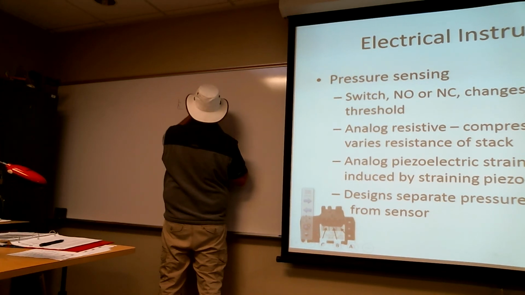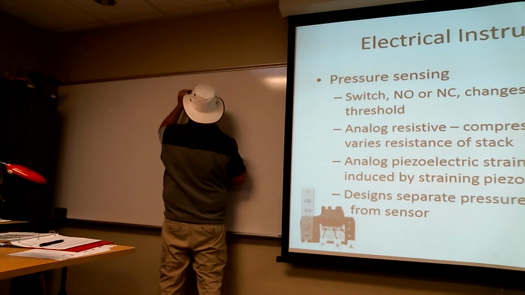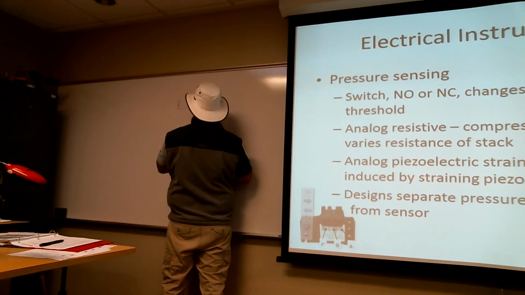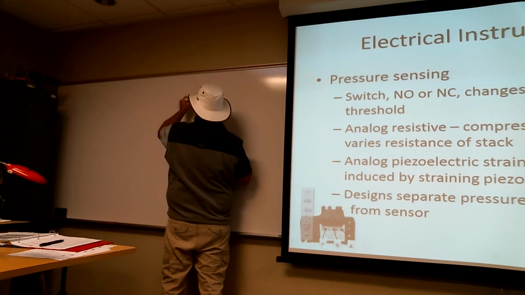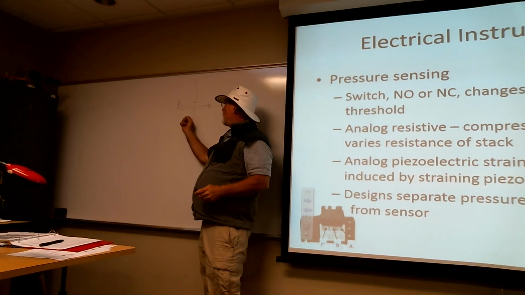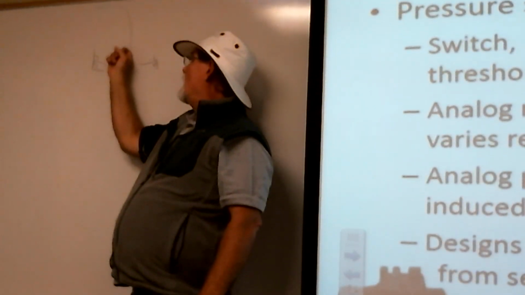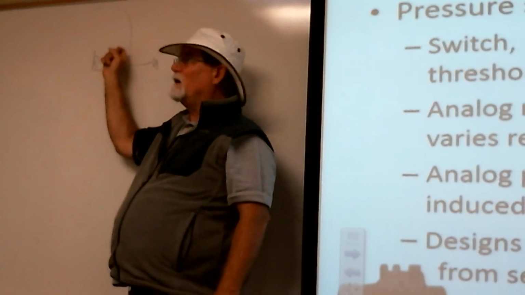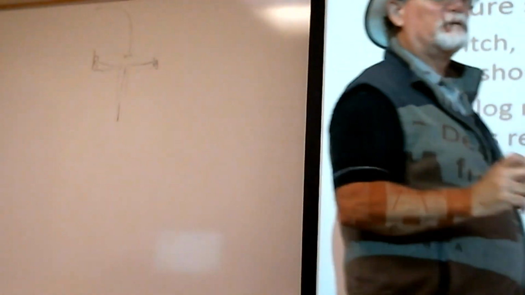Actually, let me curve it the other direction. With a brass disc in here, and maybe a little spring that comes down and pushes down on it. Then I'm going to have a wire come down to here with a contact right there. And when the pressure hits a certain point, it's going to take this thing and connect it up to this contact right here and connect this wire to ground. Okay?